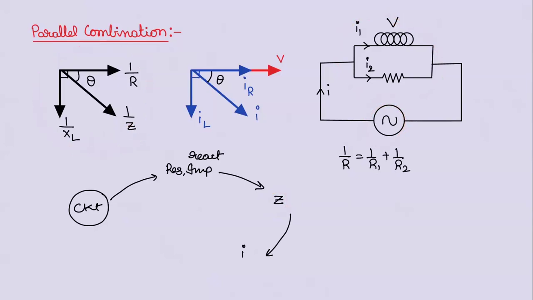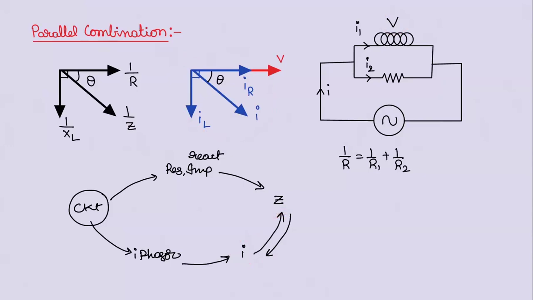Second method is also there. What is the second method? You take the circuit and then you make the current phasor. Once you have current phasor, add currents and calculate value of I. Once you got the I value and you have already V value, V by I in this case is Z. You calculate Z like this.